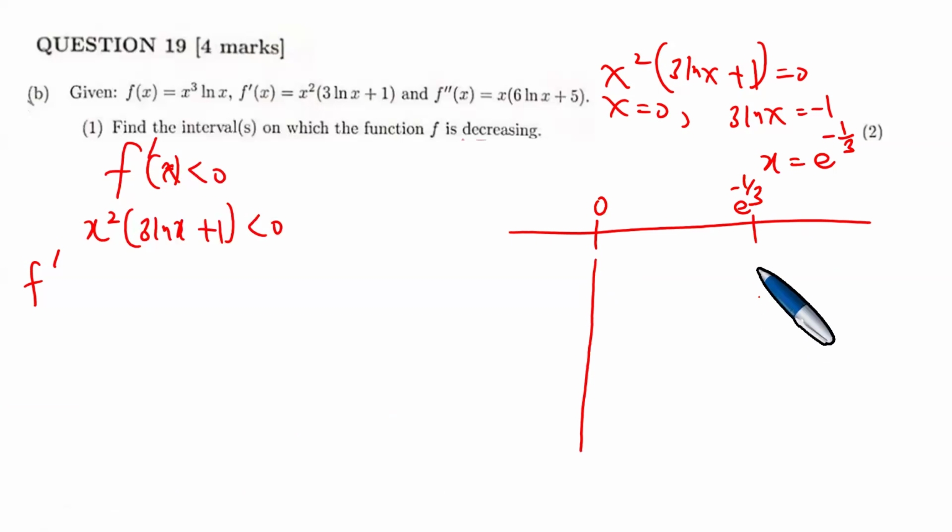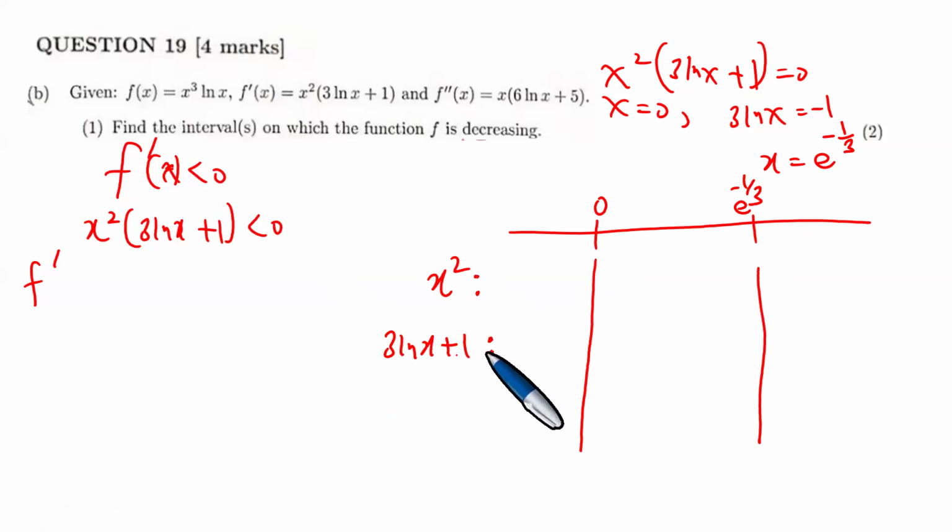So we have x squared, and then 3 ln x plus 1. So you do the sign table here, and this is what we're able to achieve.